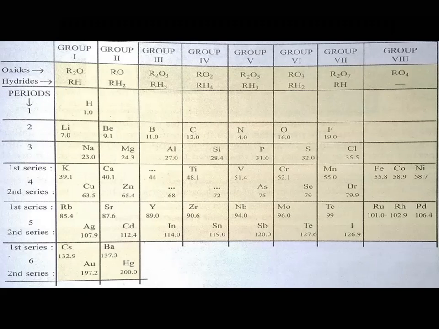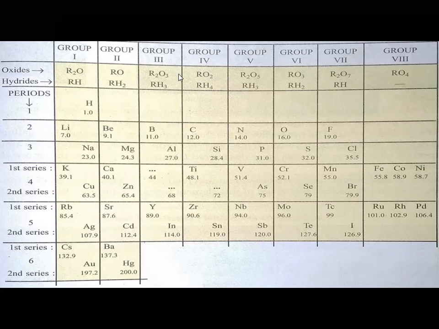In the next video, we'll start with the modern periodic table and modern periodic law. Due to these limitations, what we discussed now, the earlier laws were not successful. Why these laws were not successful, we'll understand in the next video, and what drastic takeover was done.